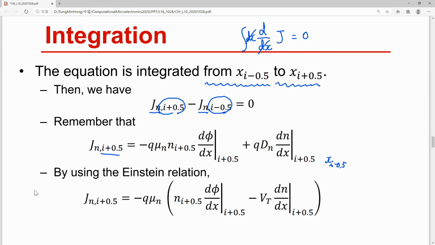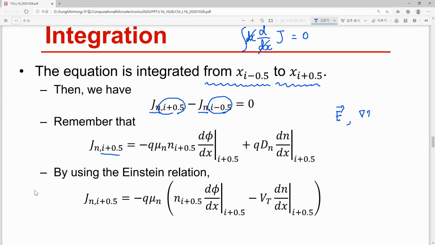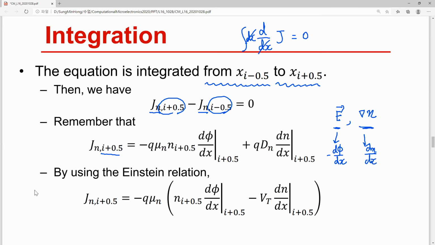So we can easily understand that these terms, like electric field or gradient of n, can be treated as first derivative quantities like minus d phi over dx or dn over dx, and they can be well defined at this midpoint.